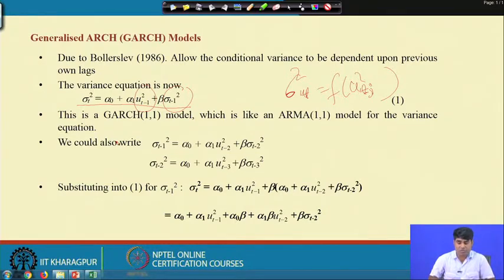like the ARMA cluster, autoregressive moving average, which has two parts: yt and its lags, and ut and its lags. The AR part is yt versus yt minus 1, yt minus 2, and so on, and the moving average part is ut minus 1, ut minus 2, and so on. So we are clubbing them and have an ARMA structure, and GARCH is exactly a similar kind of setup.